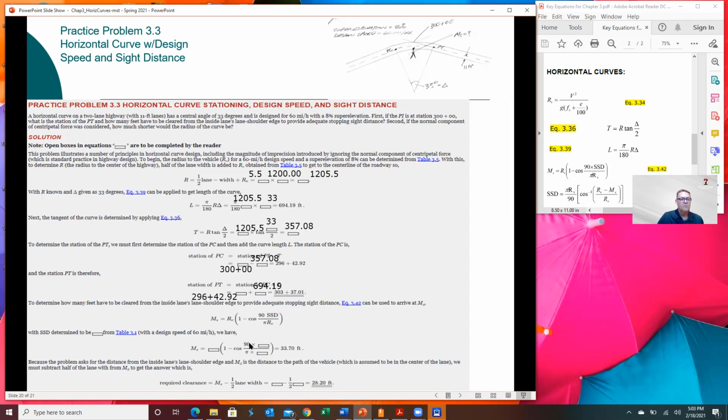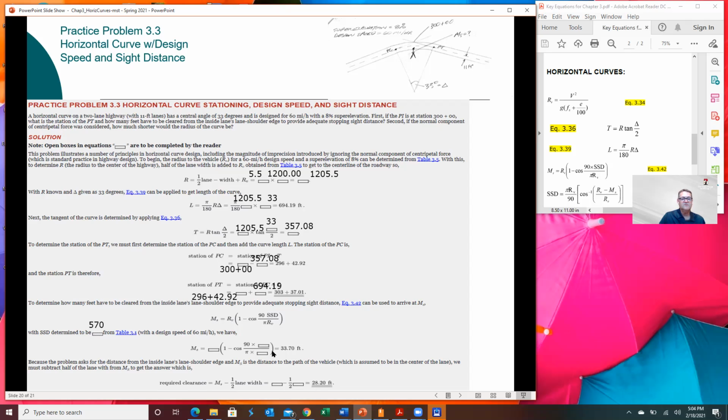So basically you go to table 3.1, the very first table in the chapter, and when you want to know what the stopping sight distance is for a design speed of 60 miles an hour, it's 570 feet. So now you have everything you need. You've got R sub V, and you've got the stopping sight distance for the given speed of 60 miles per hour.